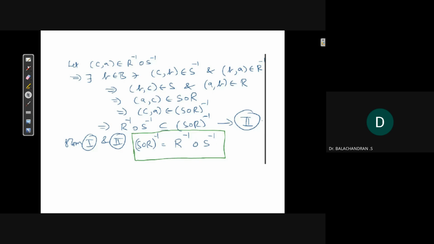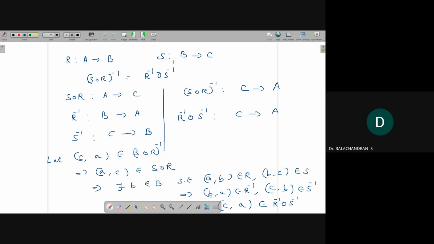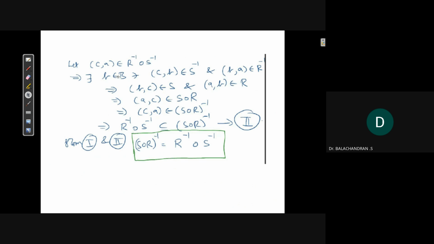Now we know that R inverse is a function from B to A.